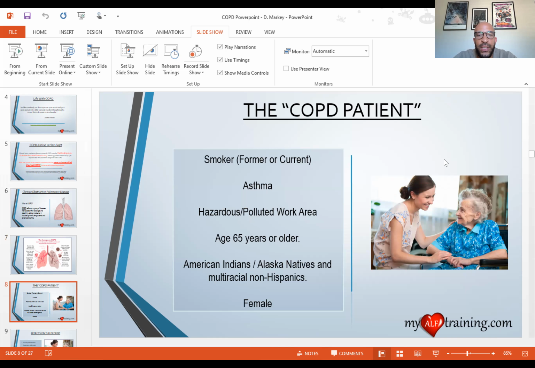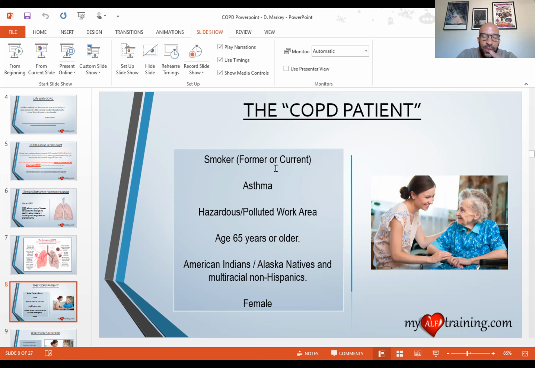Well, the COPD patient, I'm going to let you read it here, is a smoker, former or current, has asthma, has likely worked in a hazardous or polluted work area, is age 65 or older, is likely female, and is likely American Indian, Alaskan Native, or a multiracial non-Hispanic. So this is the profile most associated with patients who have COPD.